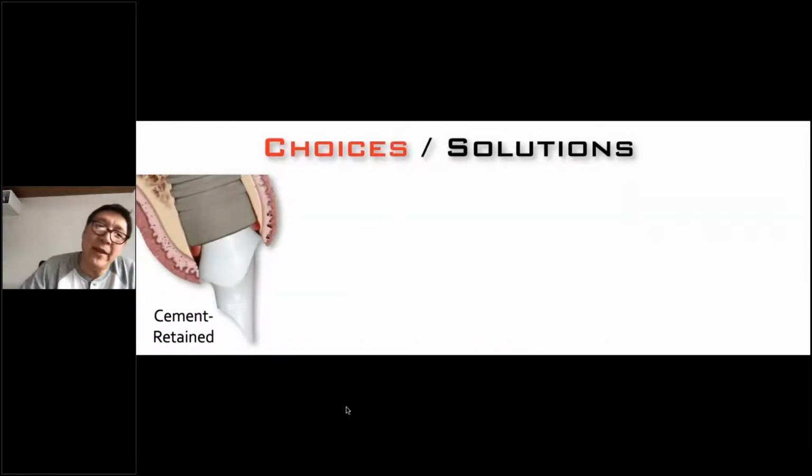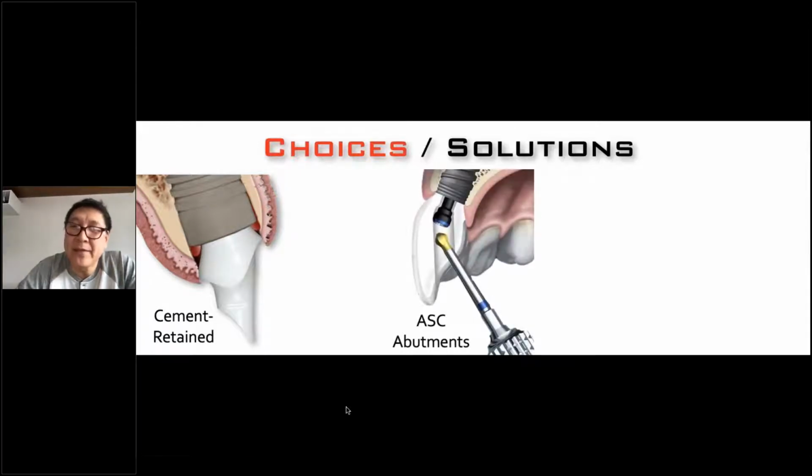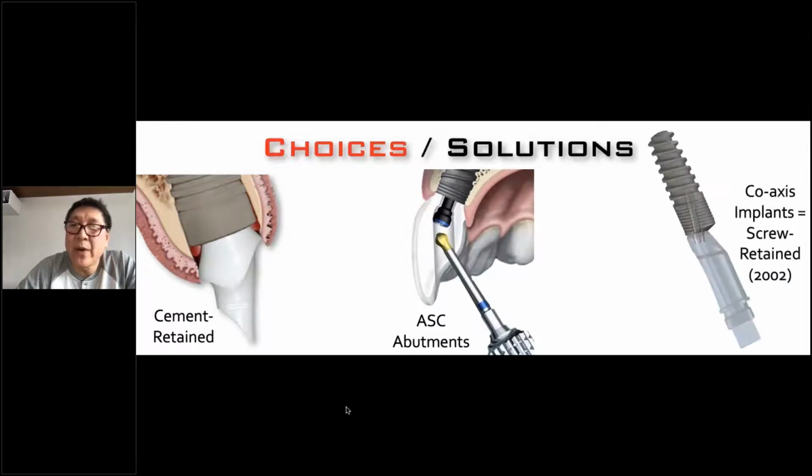You can do cement retained, which is something that I do, but certainly not my first choice, because it's a matter of maintenance and convenience, and Petros would talk more about that. You can use these ASC abutments, angled screw channel solutions, or you can use coaxial or biaxial implants to have something that's screw retained, and Petros will talk much more in depth about this.